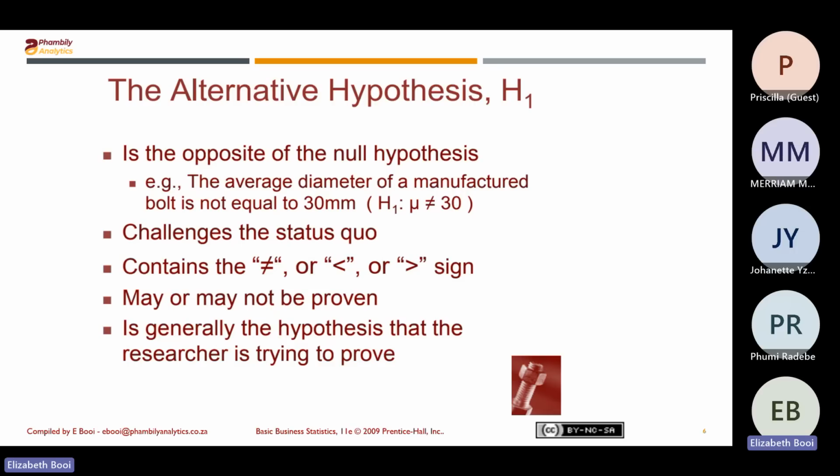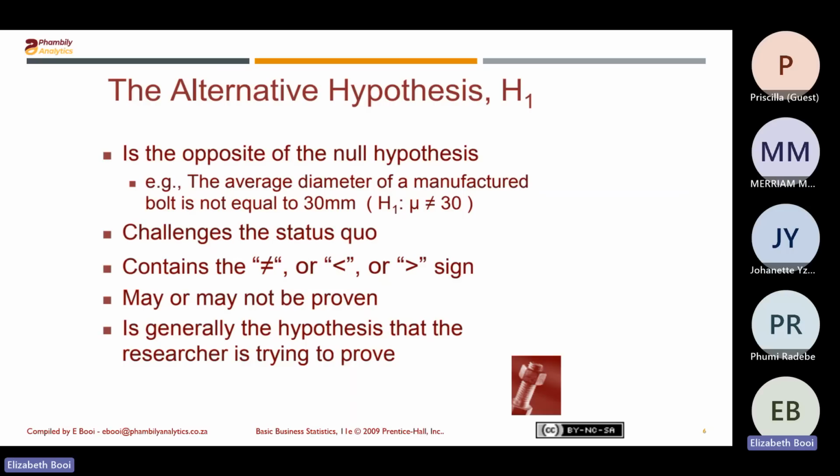If you wanted to prove that it is less than or equal, the complement of it will be greater than. If it was greater than or equal, the alternative will be less than. Always remember, in your alternative, there is no equal sign.